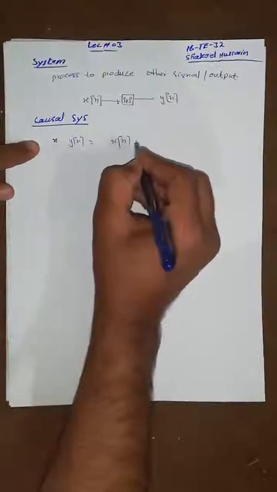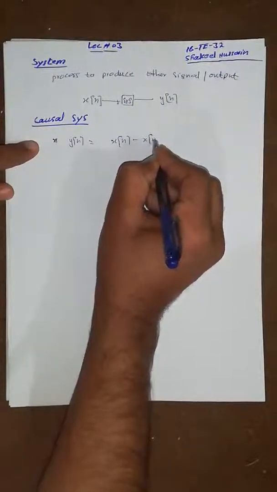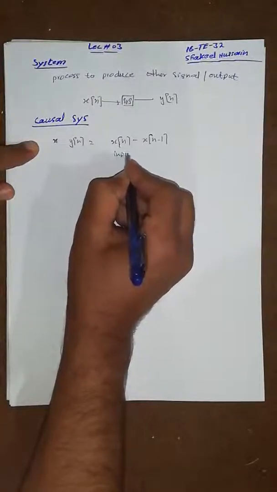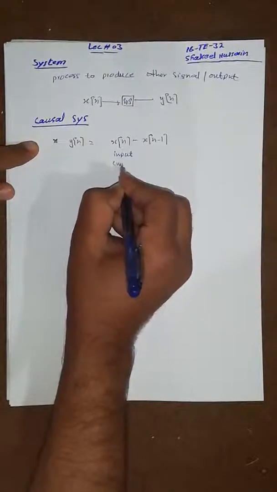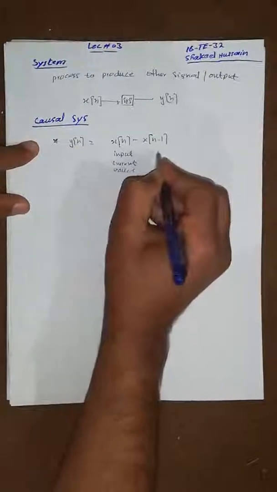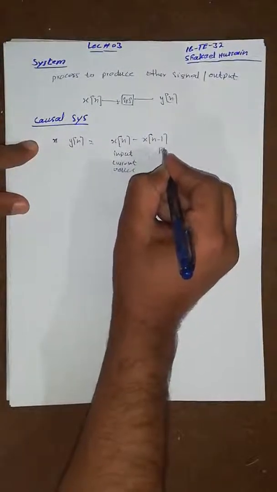This is the current value, and the previous value will be this.